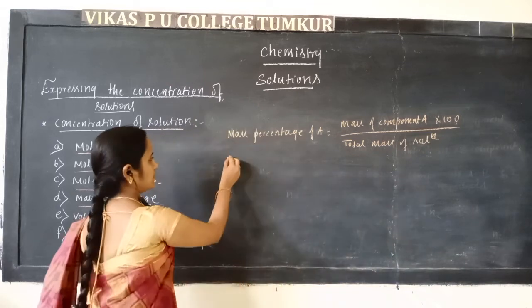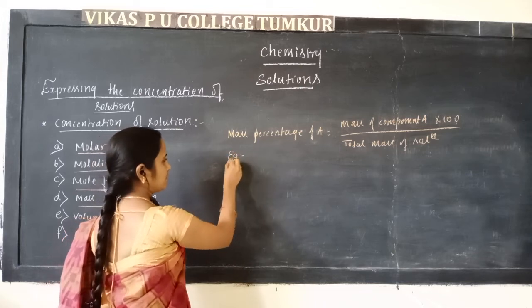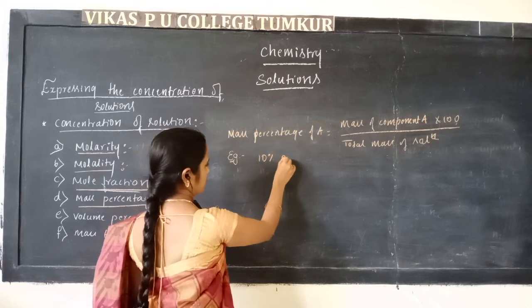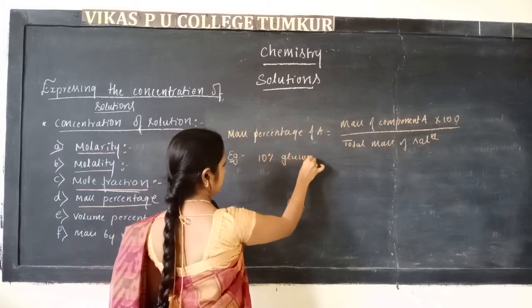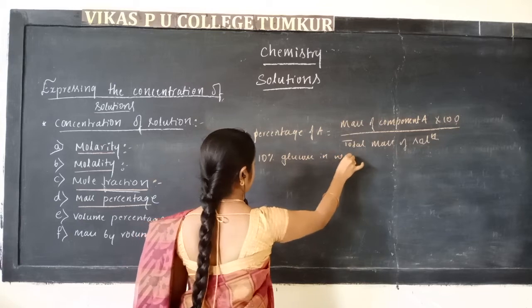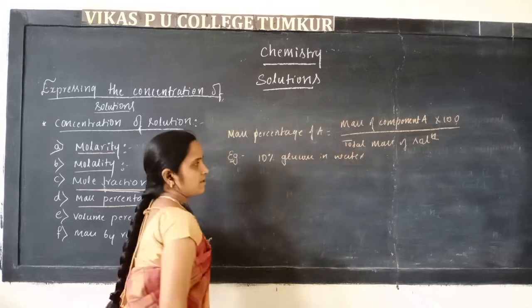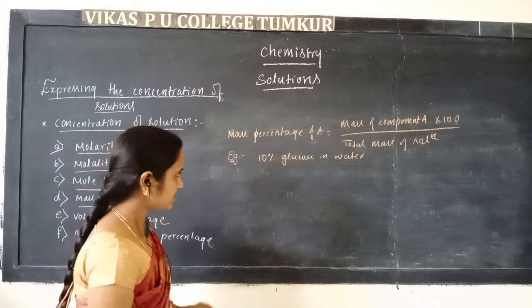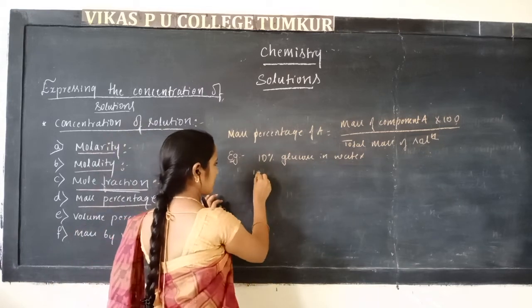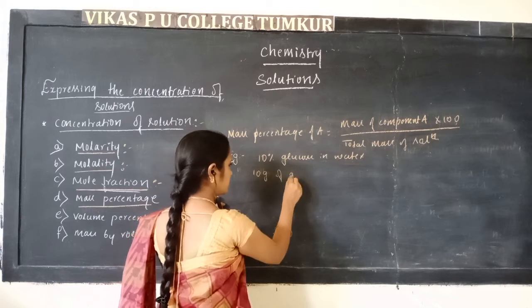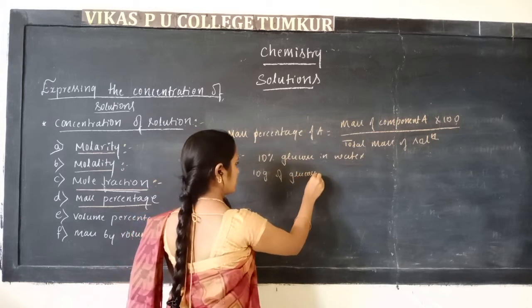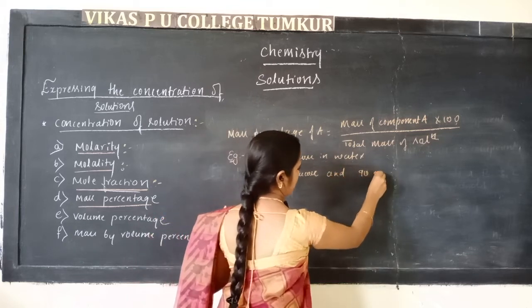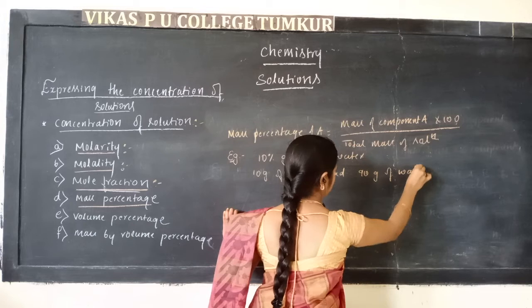Suppose we take an example: 10% of glucose in water. What does it mean? 10% of glucose in water means 10 gram of glucose and 90 gram of water.